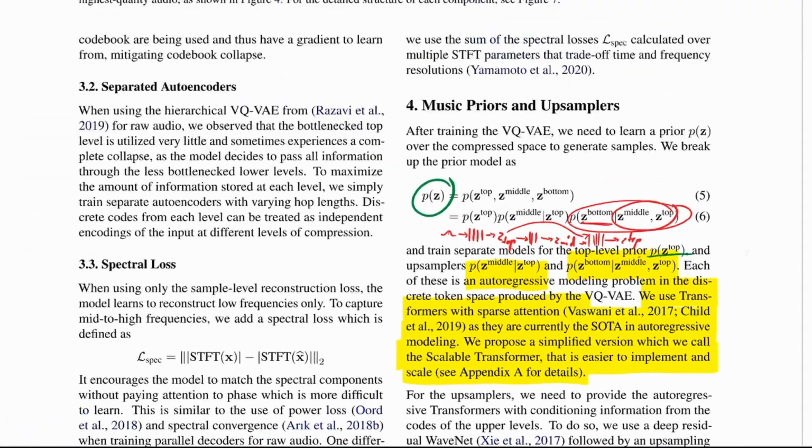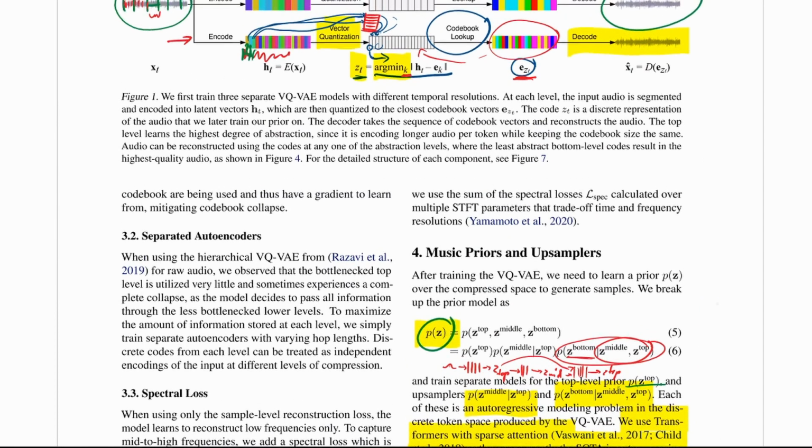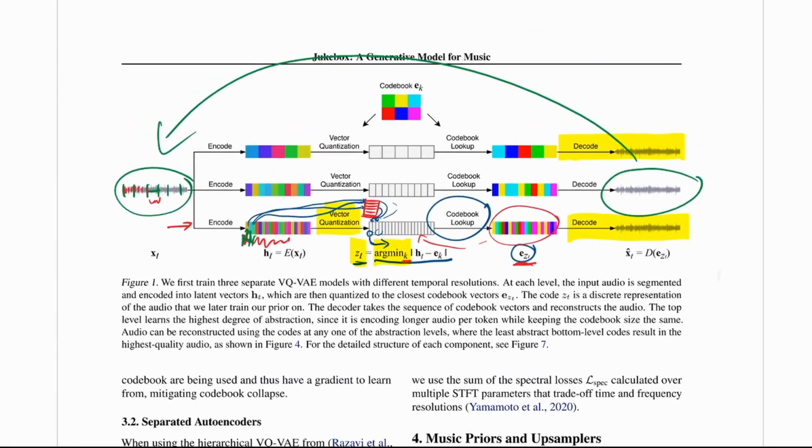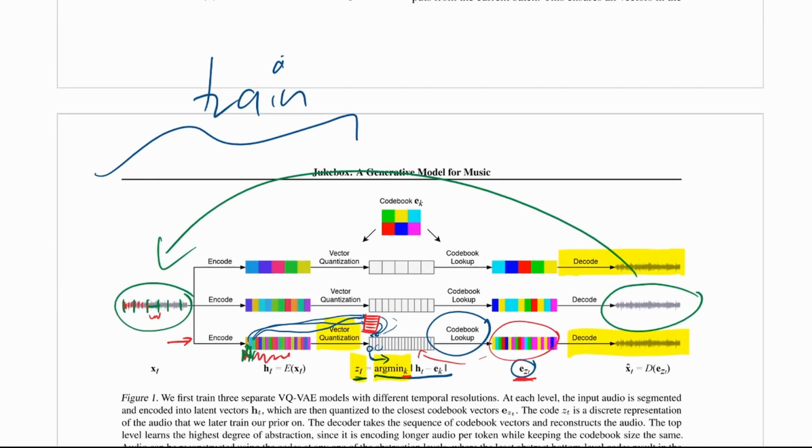All right, so now what do we have? We have a way to sample these hidden vectors, right? So we don't need this part anymore. This part here was just used for training. We now have our transformers.